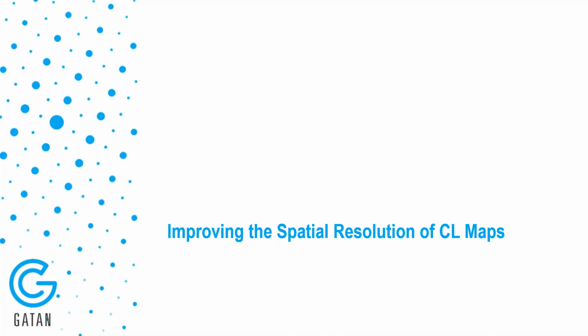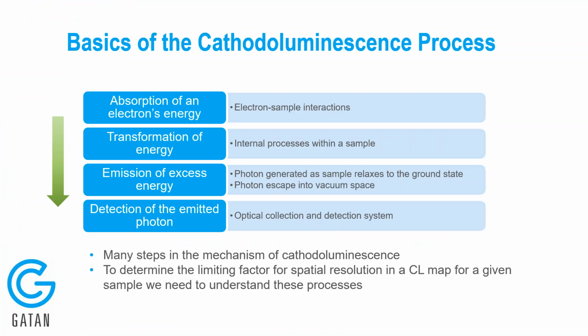Now, the luminescence process is a multi-stage process. We shine an electron beam that has energy onto a sample, and the electrons interact with the sample in some way, and that energy is absorbed from the electron beam into the sample, and then internal processes happen that transform it into another form of energy, before finally a photon is emitted and the sample relaxes to the ground state.